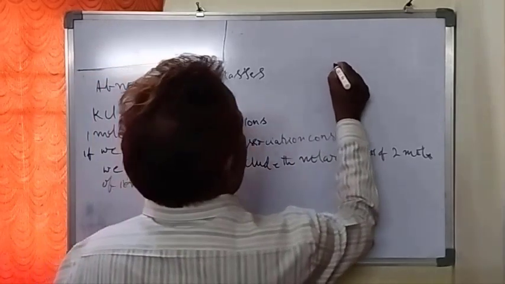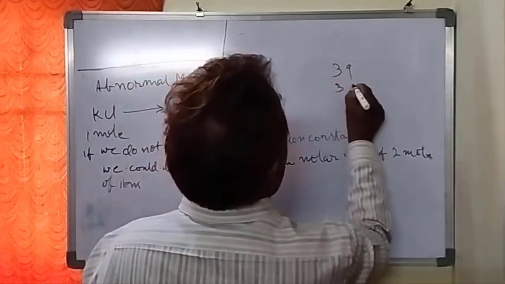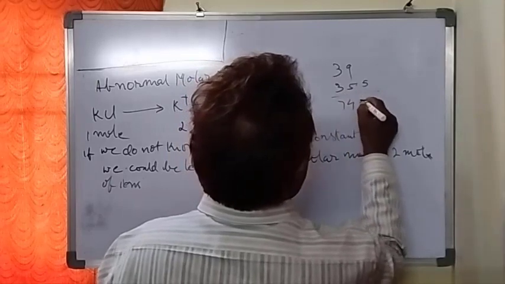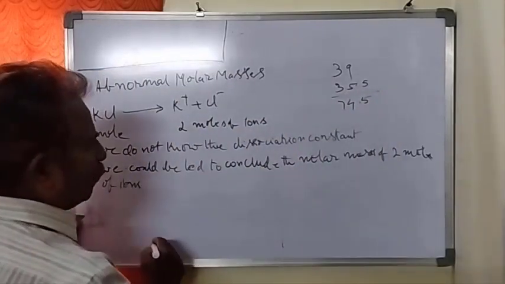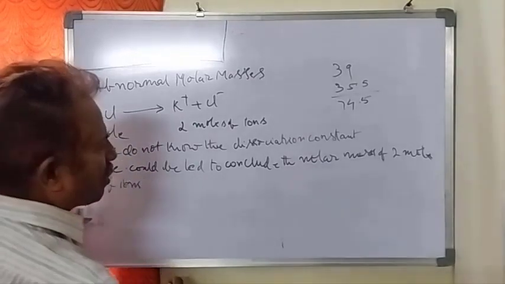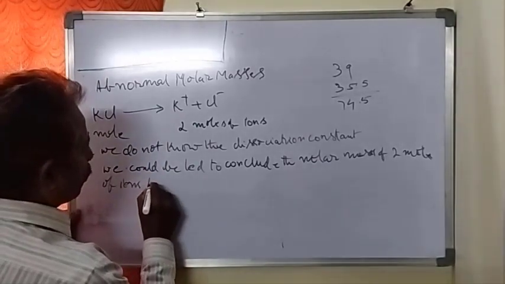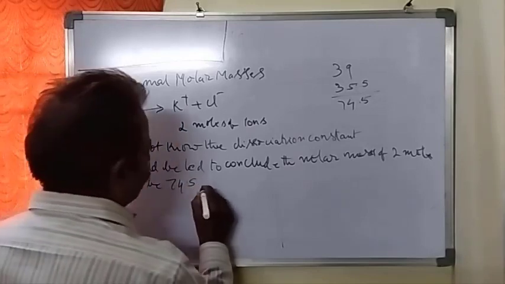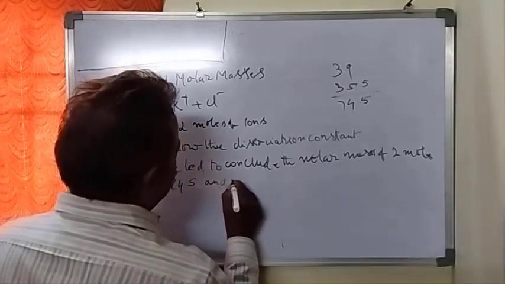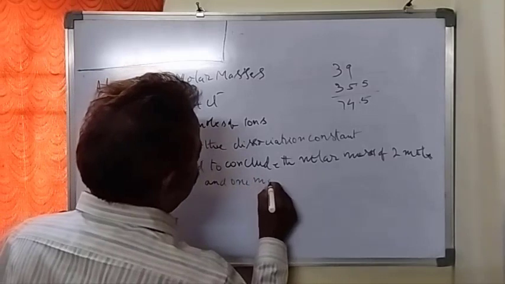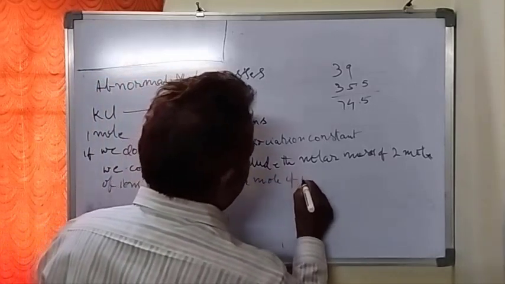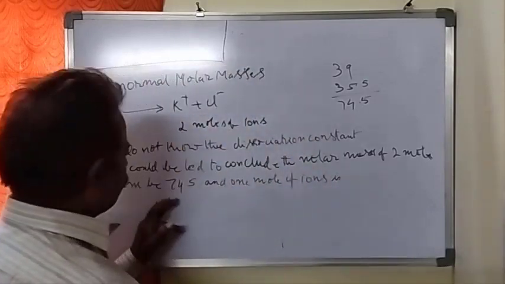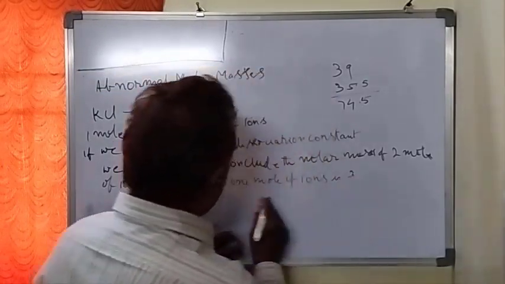Potassium how much? 39. This is chloride 35.5. Therefore this is 74.5. We could be led to molar mass of 2 moles of ions being 74.5, and 1 mole of ions is how much? 37, half of this.